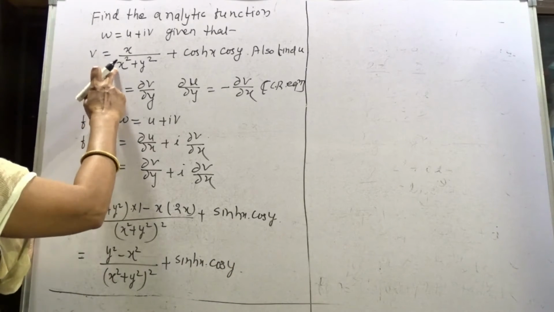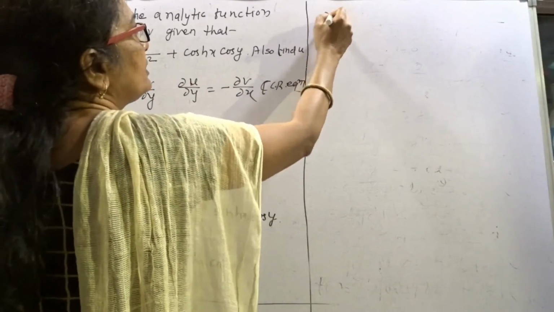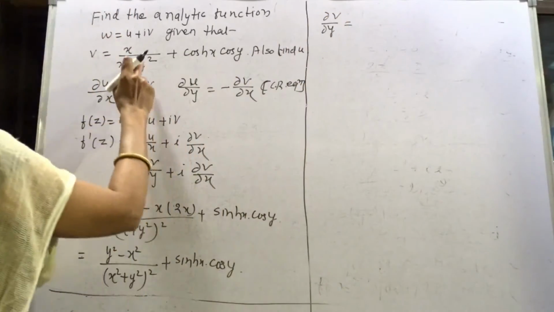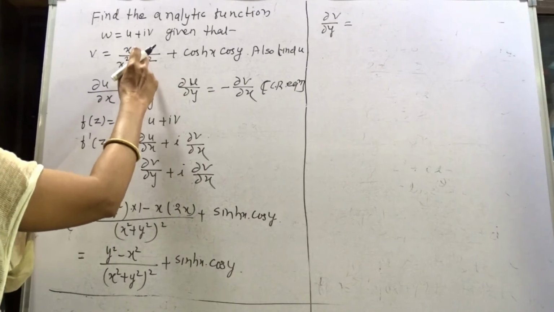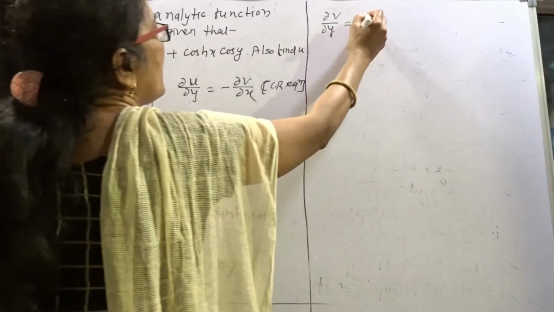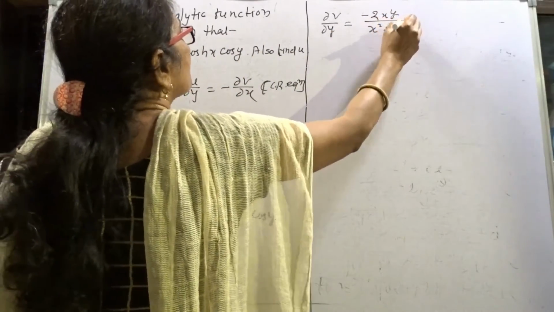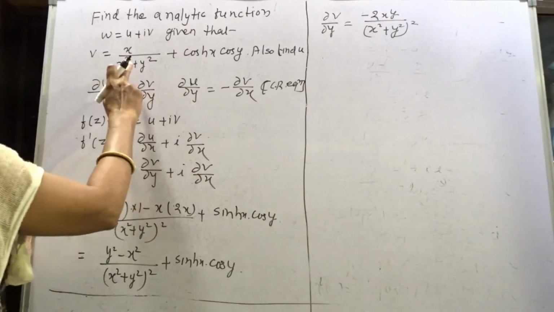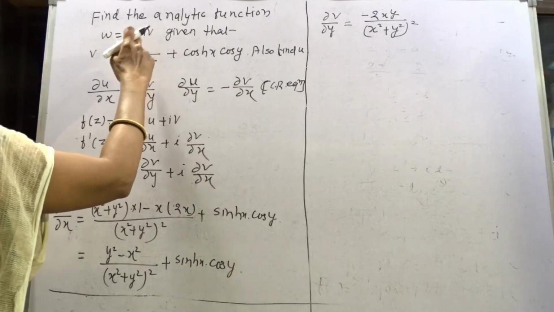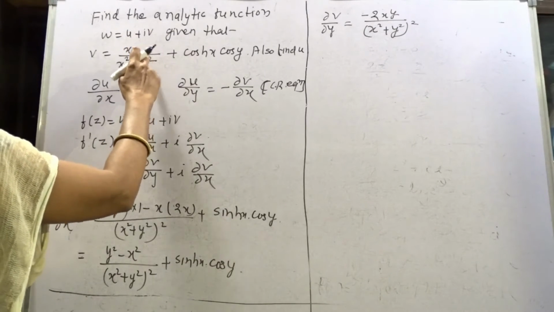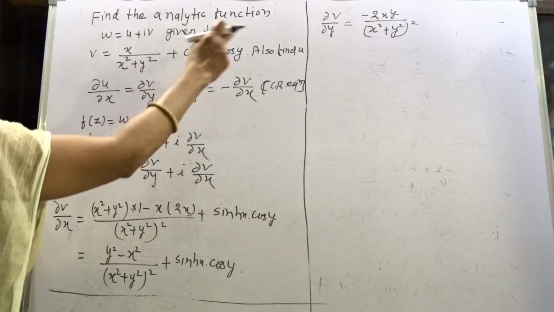Now we differentiate this v with respect to y. So del v upon del y is equal to, since x is constant, we can write it with power minus 1, so it is minus 1 into (x square plus y square) the whole square into differentiation of y, which is 2y.